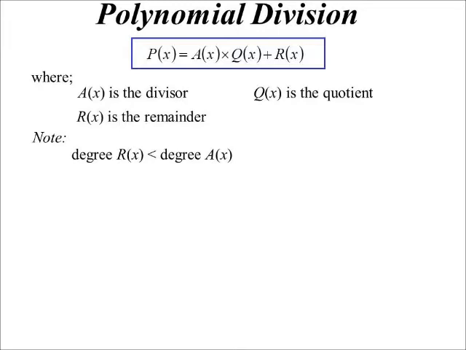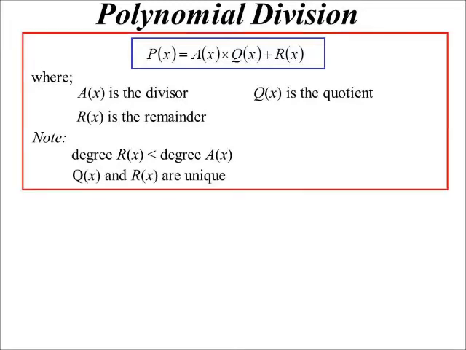But if the remainder was a linear function, you'd stop because you can't put the quadratic into the linear function. And again, very trivial, this one. Q(x) and R(x) are unique, which just means they're different. Because if they were the same, we'd be able to factorise it and we wouldn't actually have a remainder then.